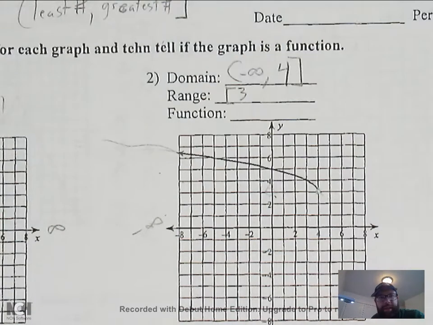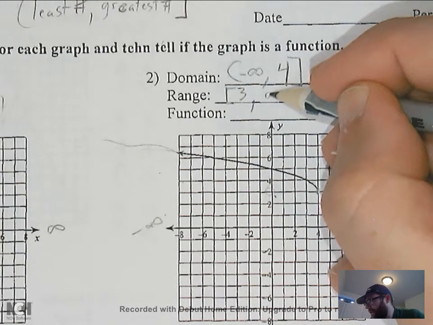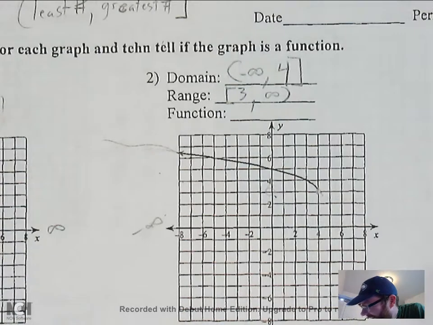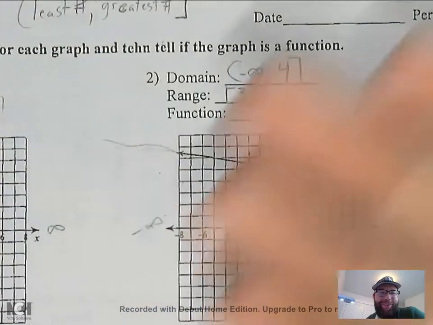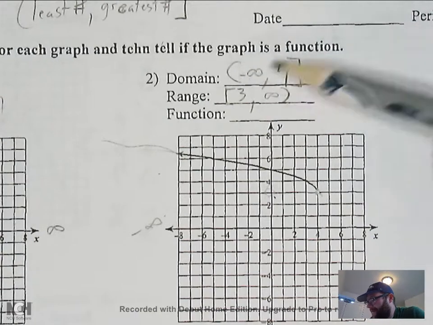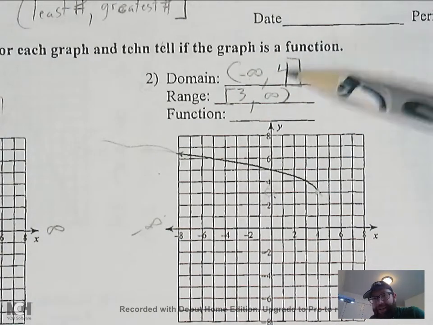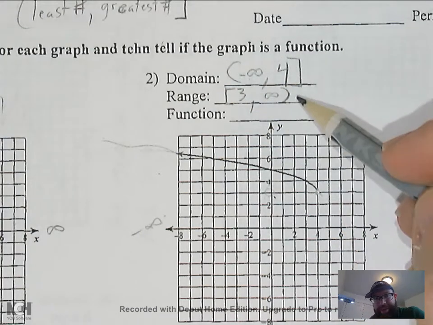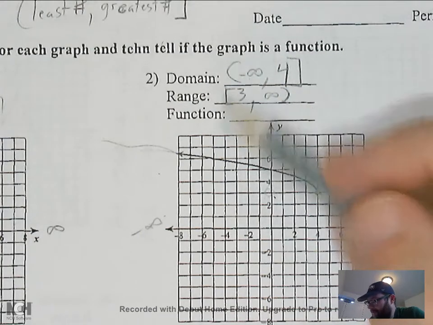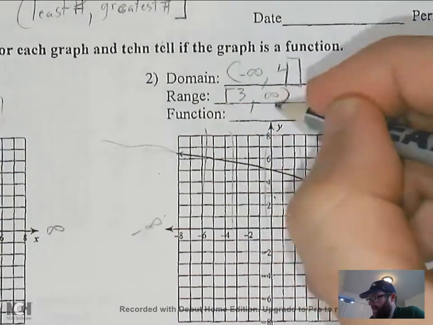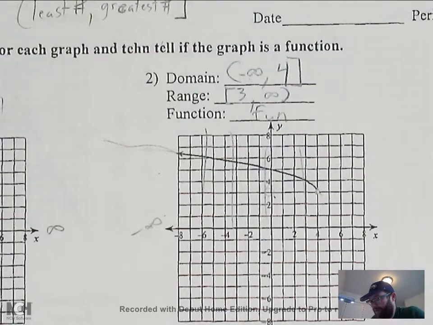So it's going to go slightly up forever, so it's going to go up to infinity. Okay? And that would be your range, right? Again, this is left. This is as right as it goes. This is as down as it goes, and this is as up as it goes, right? And then for function, vertical line test, it passed the vertical line test, it is going to be a function.